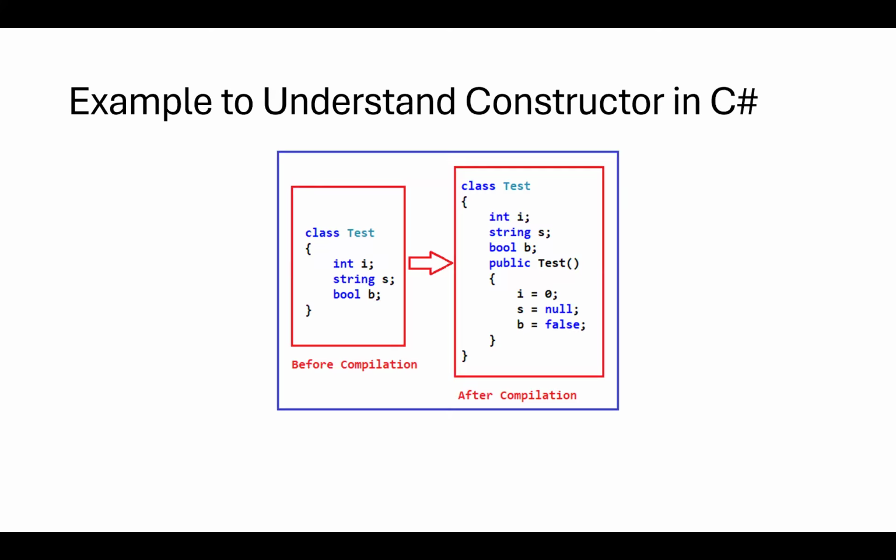Let's look at the screen. In this, initialization is performed for each and every variable presented in our class. So we defined it like this, but in real compilation, we will have the same as the right side.